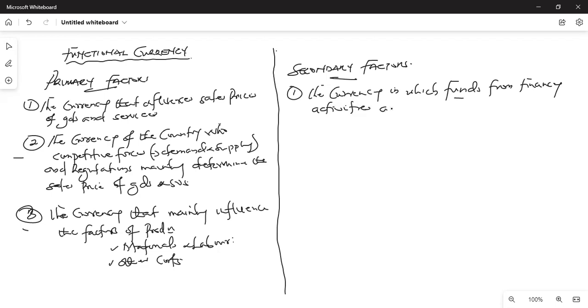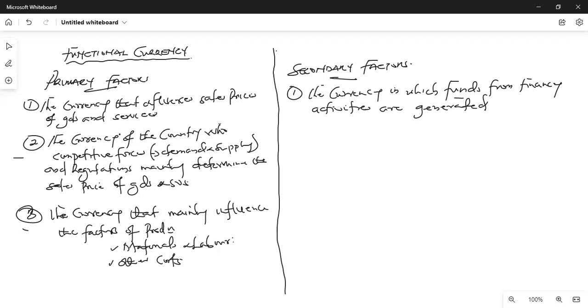So if somebody is to push money into the entity, in terms of investing into the entity, or you are going for a loan or anything, which currency will you take the loan in?